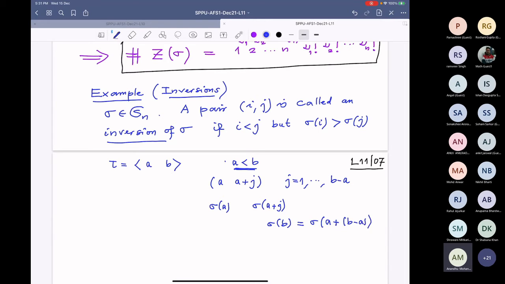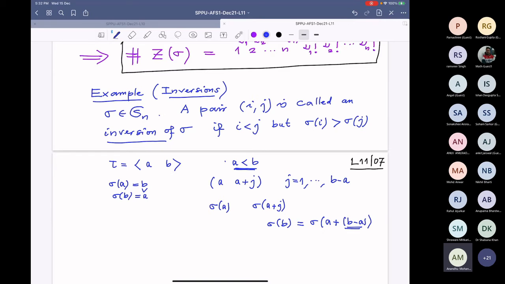What do we know about the comparison between sigma a and sigma b? Sigma a is b and sigma b is a, and now it has reversed. This is bigger, so it has reversed. So this j equal to this is definitely an inversion.